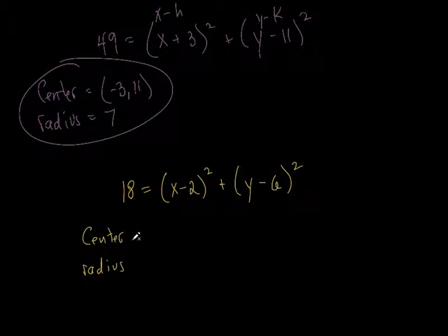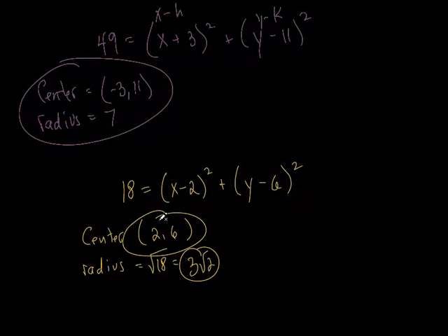Taylor? The center would be 2, 6. Good. And the radius would be the square root of 18. Very good. Let's simplify that. Can you do that in your head? Yes. 3 square root of 2. Good. Because 9 times 2, right? Square root of 9 is 3. Square root of 2. And there are your two answers.